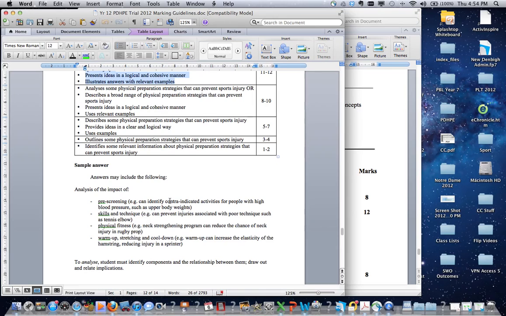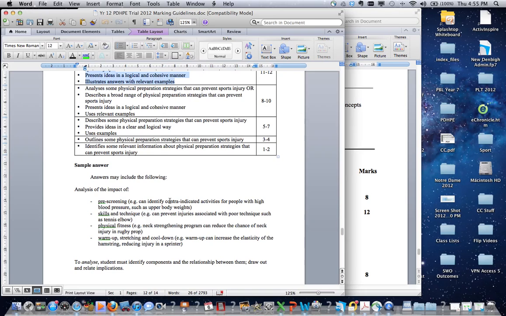If that's the case, the implications you draw out are obviously putting players and athletes in a position to practise drills in a way that not only improves their performance but is also done in a safe way. A good example that some boys used was the collision sports, tackling in rugby league and rugby union. With that example, you would teach the player how to tackle in a safe manner.